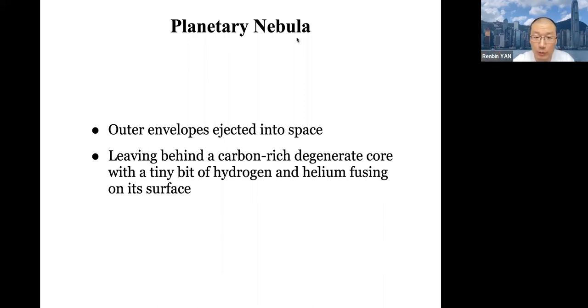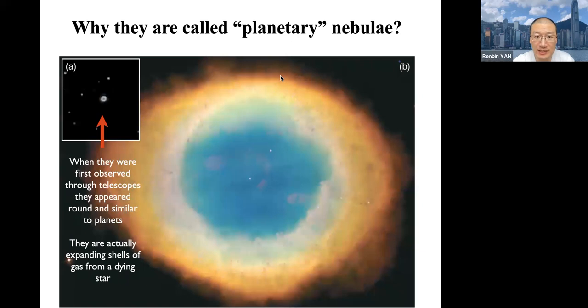And actually, it will form a planetary nebula in the end. So the star's outer envelope, everything around the carbon core, will be ejected into space and form these beautiful nebulas called planetary nebulae, in plural form.